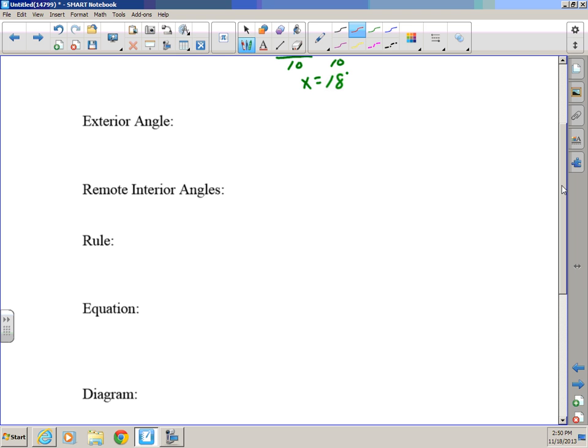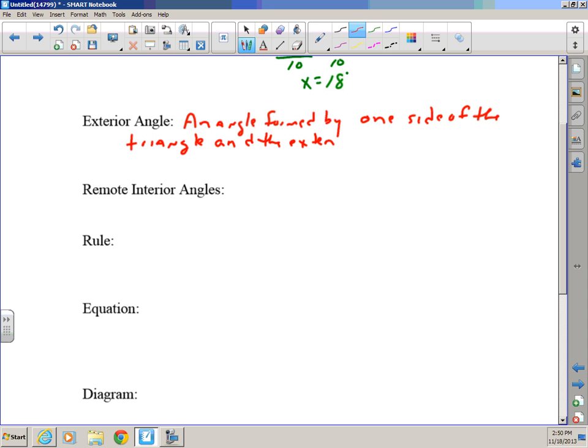Now, first thing is, what's an exterior angle? It's an angle formed by one side of the triangle and the extension of the adjacent side, which you'll see in a moment in the diagram, which is much easier to understand.